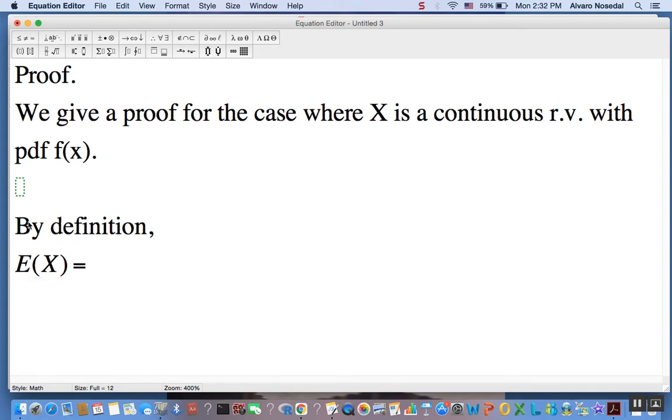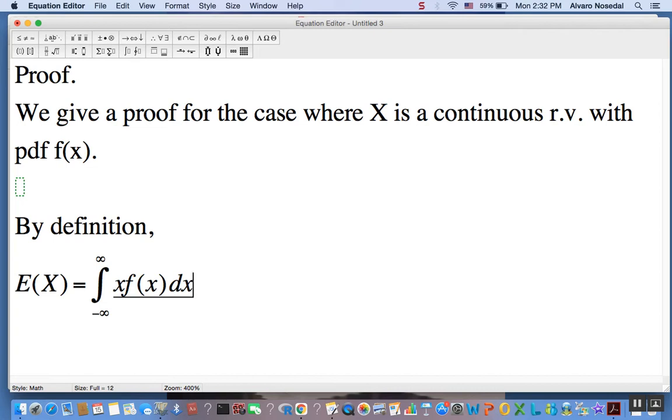So the generic formula would be the integral from negative infinity to infinity of x times f of x dx, right?